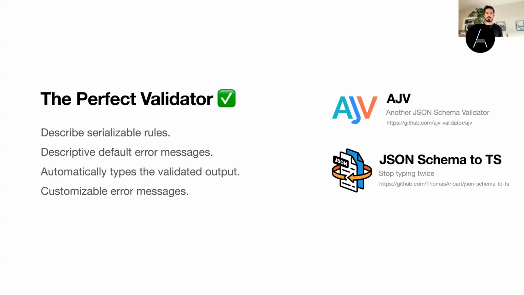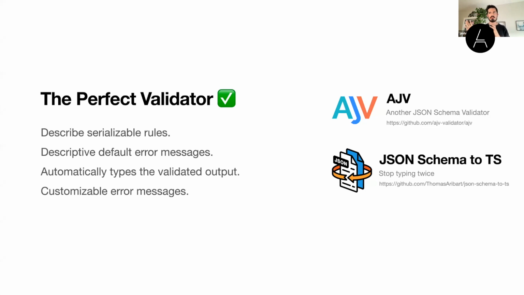What would be the perfect validator? Many of you probably are familiar with AJV or with JSON schema, which allows to define a set of rules to validate JSON structures. So ideally, we should be able to describe what we want to validate with that, but it has a big caveat, which is that it doesn't play well with JavaScript or TypeScript by default.